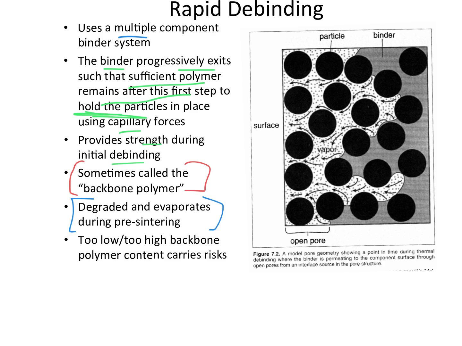I have a nice movie to show you guys that illustrates that really well. If you have too low or too high polymer content, it can carry risks. We want it to leave at the right time. And the issue here is that we're talking about metals.